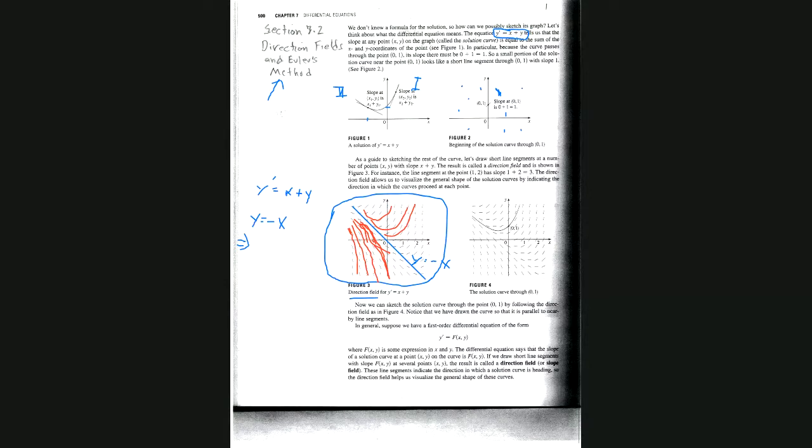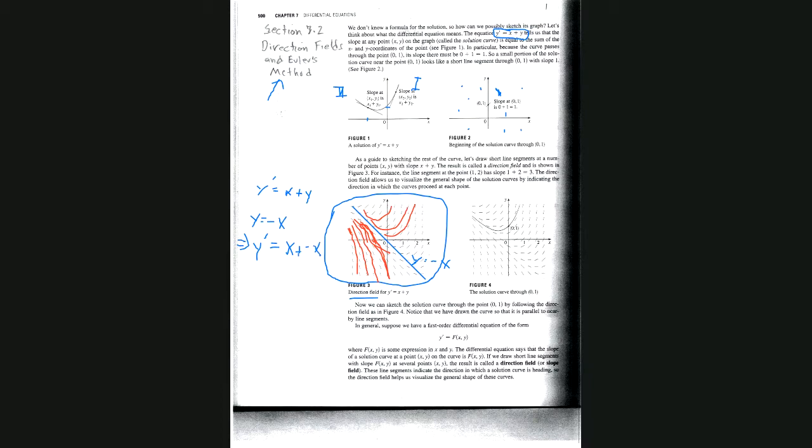That's right, Sumaya. Very good. 0. And that would make sense because along the line y equals negative x, if y equals negative x, then y prime is going to equal x plus negative x, right?